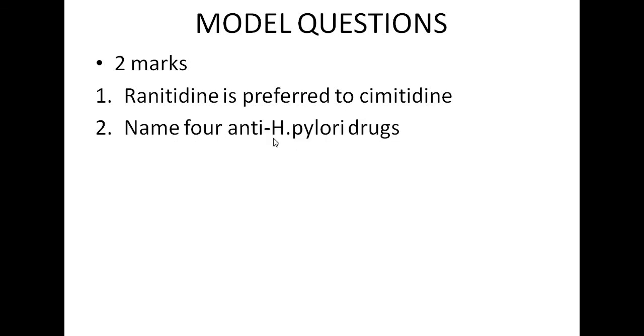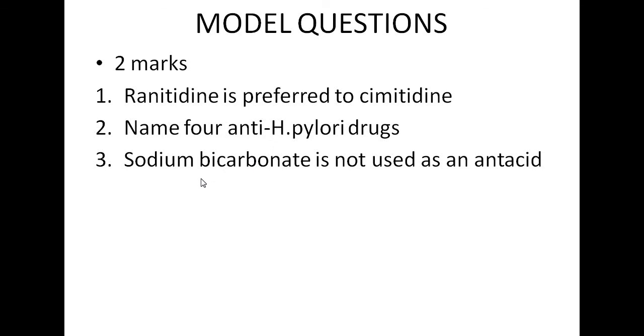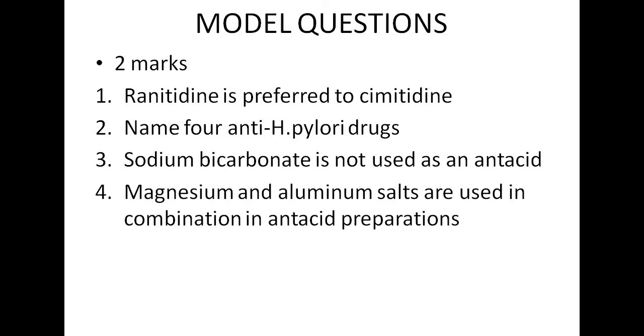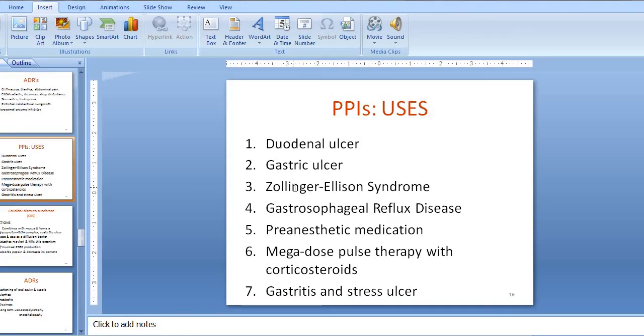Name 4 anti-H. pylori drugs. Why sodium bicarbonate is not used as an antacid? Why are magnesium and aluminum salts used in combination in antacid preparations? So with that, we complete peptic ulcer.